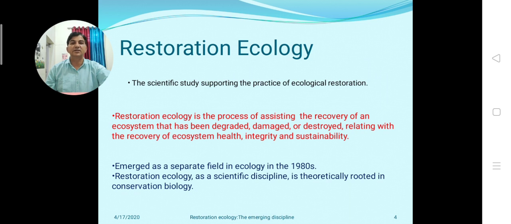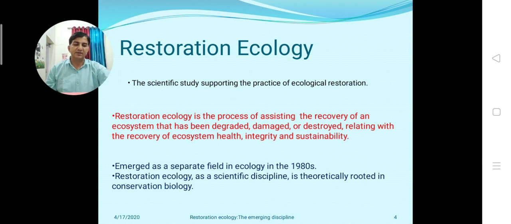The simplest restorations involve removing a change and allowing the ecosystem to recover via natural ecological processes, succession. There is a different school of thought which says that you just put minimum effort and then leave the system, and it will regain its lost vitality through a natural process like succession.